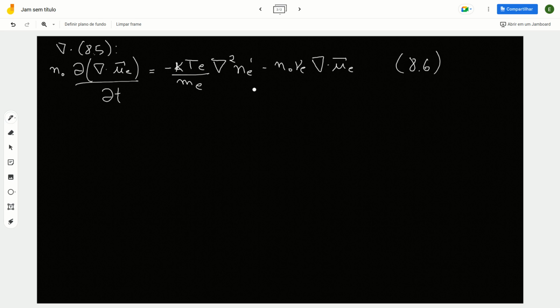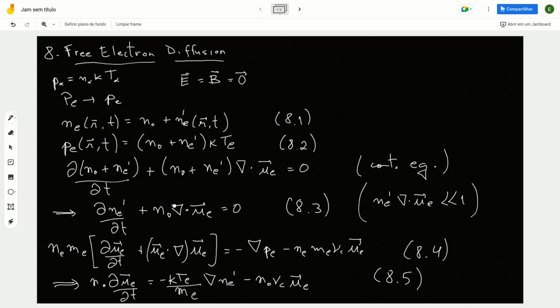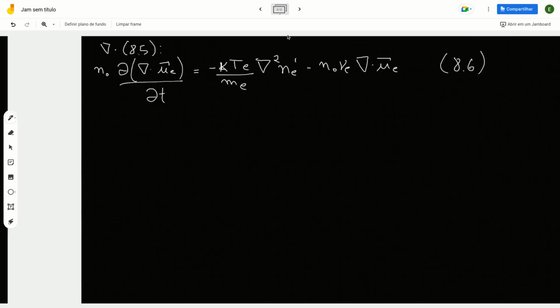And from this divergence we'll use 8.3, where we have n0 times the divergence of u. We have this quantity in 8.3, and n0 times divergence of u is minus the derivative of n_e with time.